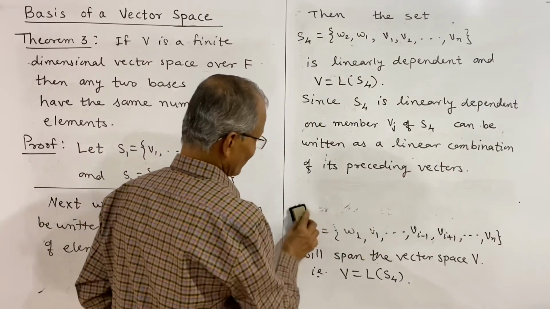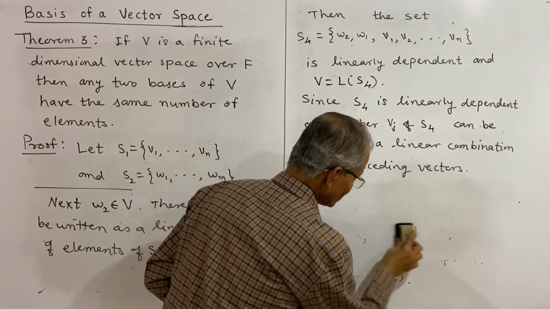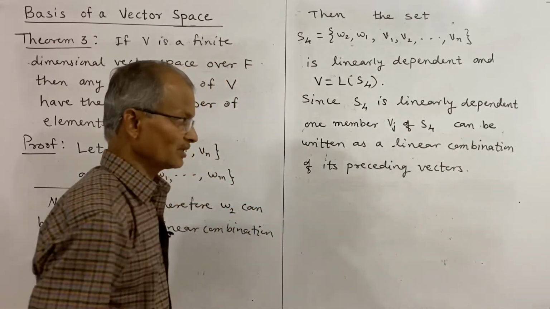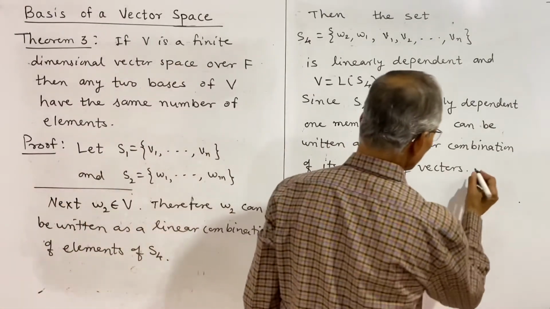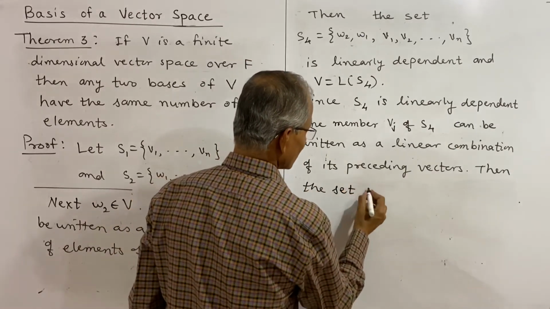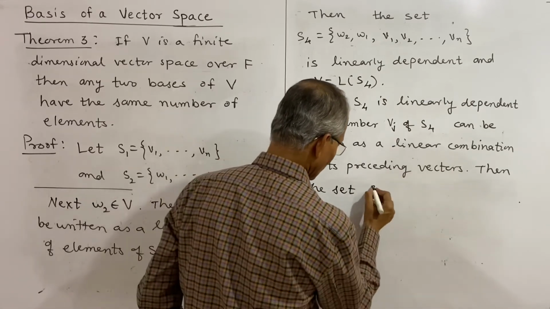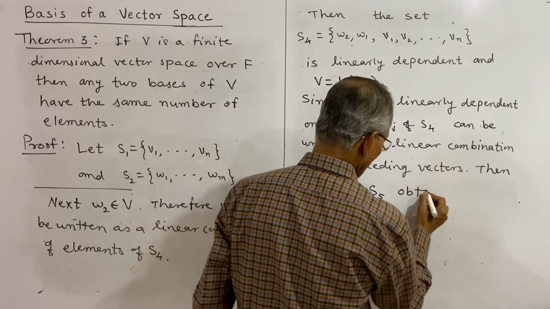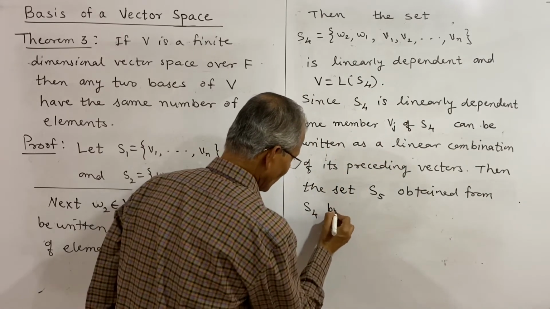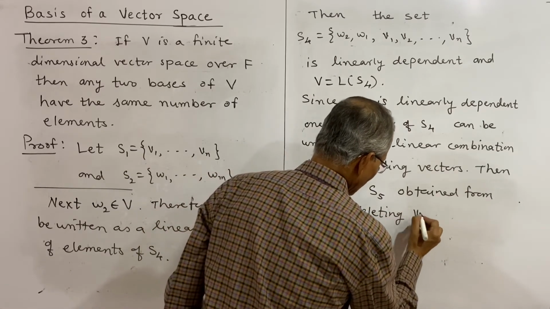So if Vj of S4 can be written as a linear combination of its preceding vectors, then the set S5 obtained from S4 by deleting Vj.